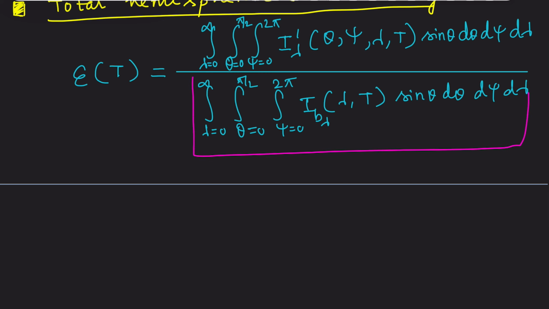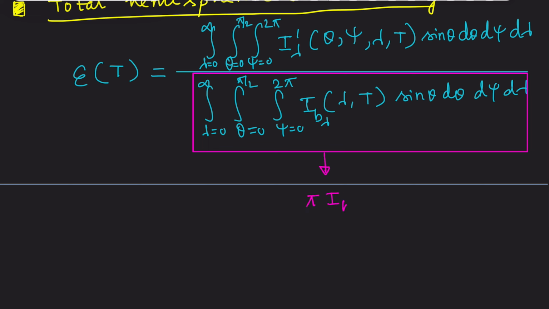This whole thing we know very well, it is the total thing integrated, so I can write it as pi times the integral of I b lambda, a function of lambda and t, d lambda from 0 to infinity, that is the integral of e b lambda t d lambda.